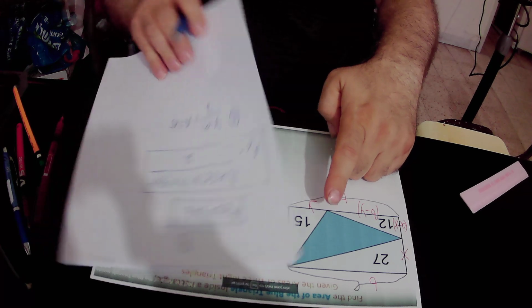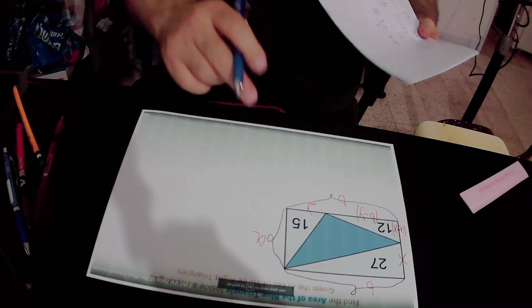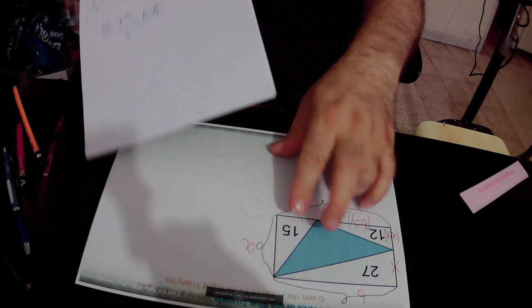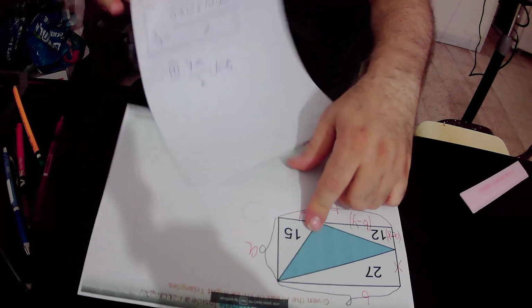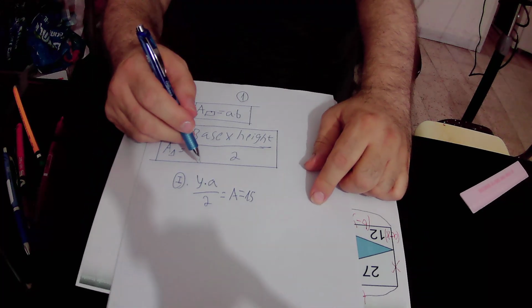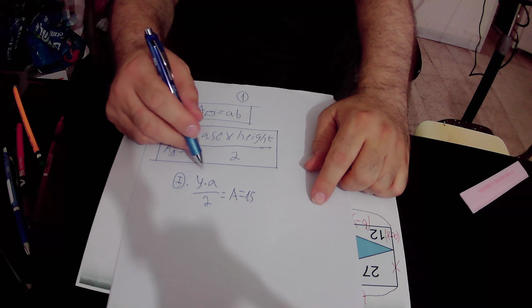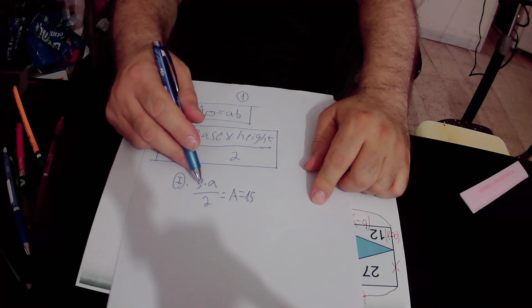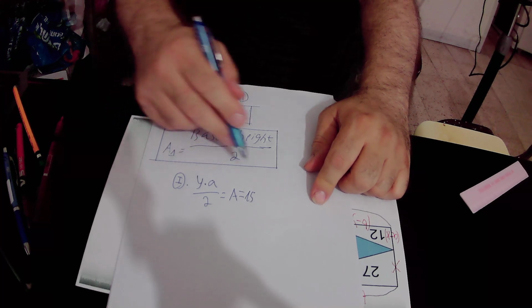Okay, so the first equation is the formula for the area of this triangle, and the formula is y, that is the base of the triangle, times the height of the triangle, that is A, divided by 2. It equals 15 units.